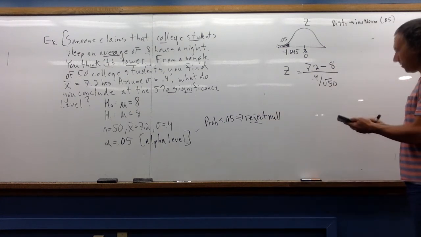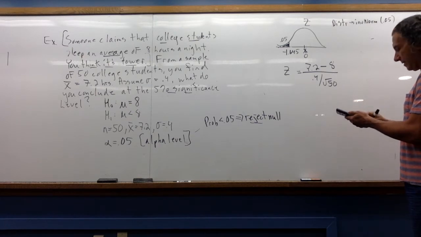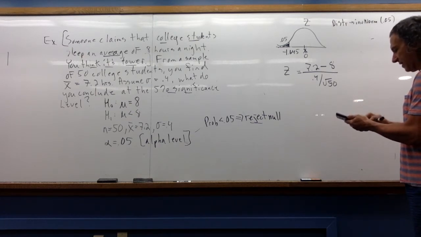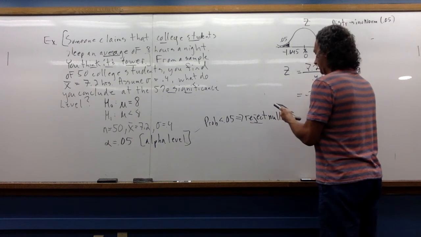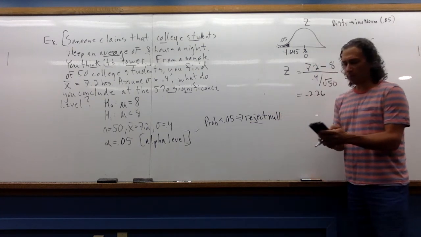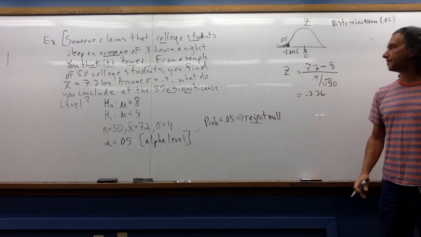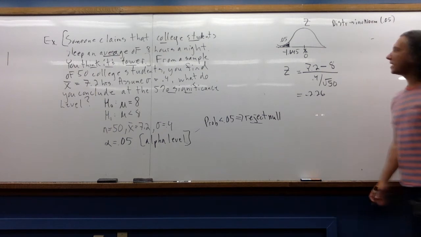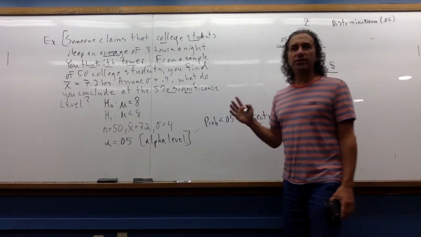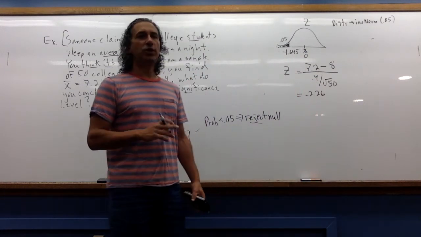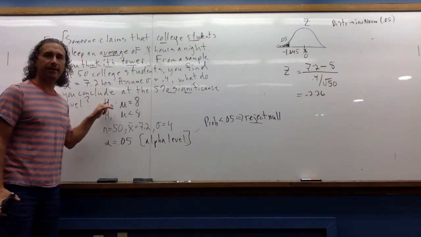So let's check that out. The top is minus 0.8. Let me multiply it by the square root of 50, so I'm just flipping the bottom, times 0.4. And we get minus 2.26. So the question is, what do you conclude? Do you believe this or not?